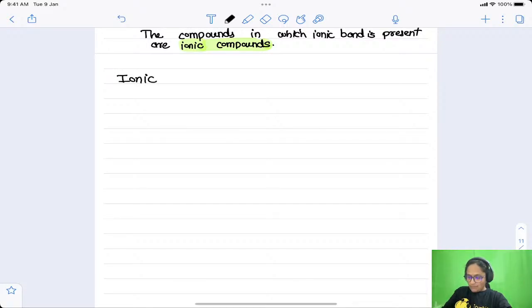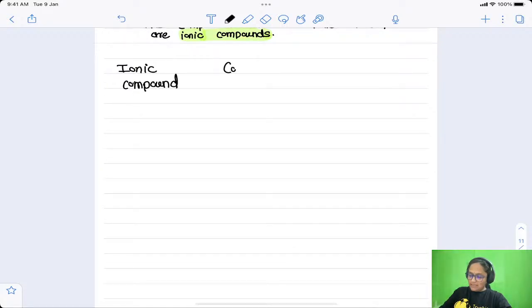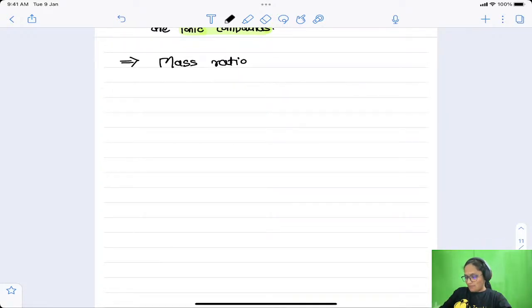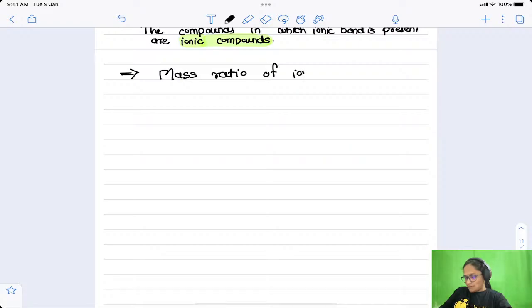Let us see how to find out the mass ratio or ratio by mass of ionic compounds.